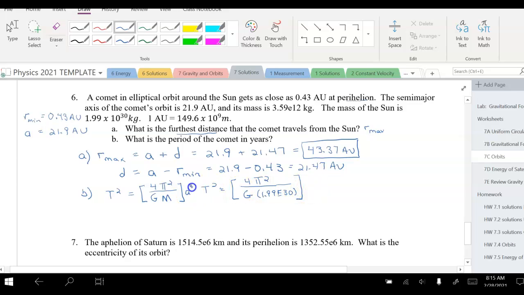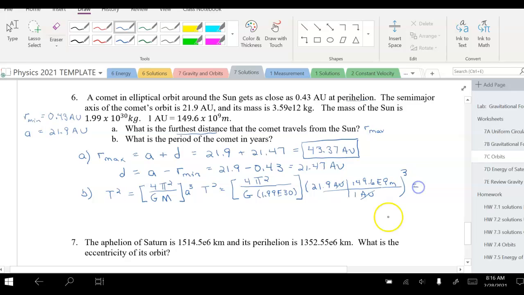Oh, I forgot the a cubed over here. I need the semi-major axis, but I need it in meters. And so I'm just going to convert that right here. So I've got 21.9 AU, but I need to convert that. 1 AU is 149.6 times 10 to the 9th meters. And that way I will have my semi-major axis in meters, and I need to cube the semi-major axis.